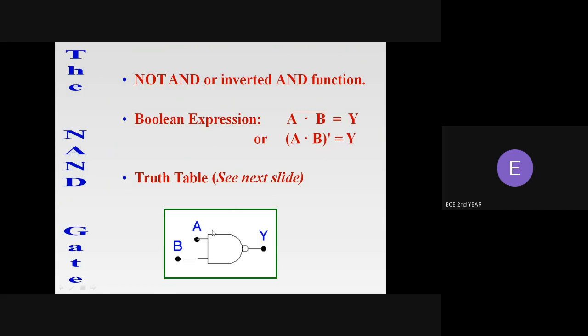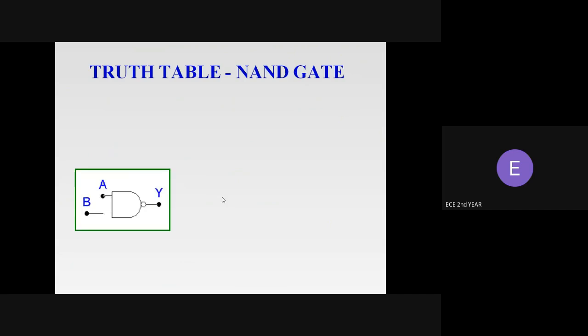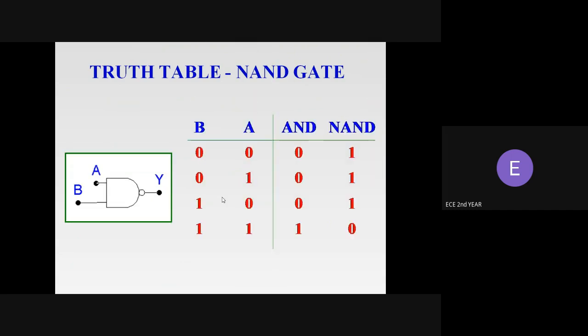Okay, let us see the truth table here, which is nothing but the inverted output of the AND gate. Remember, the condition for the output of the AND gate is that when both the inputs are high, you will have the high output. Let us see the truth table for the NAND gate. The AND gate is simply the multiplication of the two inputs.